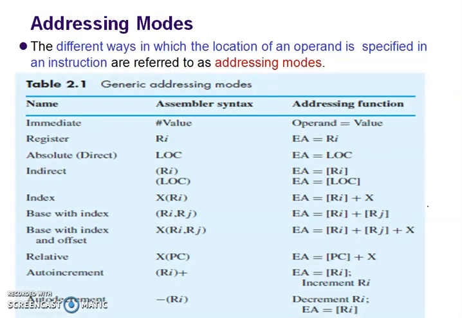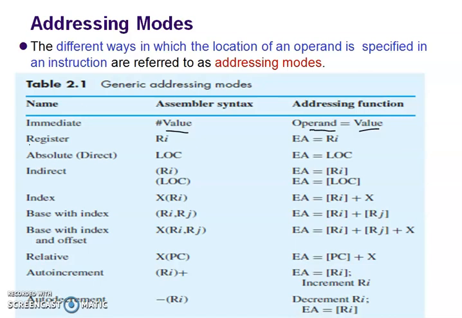So combining together we are having this many addressing modes. Immediate addressing mode means the syntax that is being used is hash value, and in such a case you will be getting the operand directly, that is, the value will be obtained in the operand field itself. So operand is equal to value. Effective address is not being computed in that case.